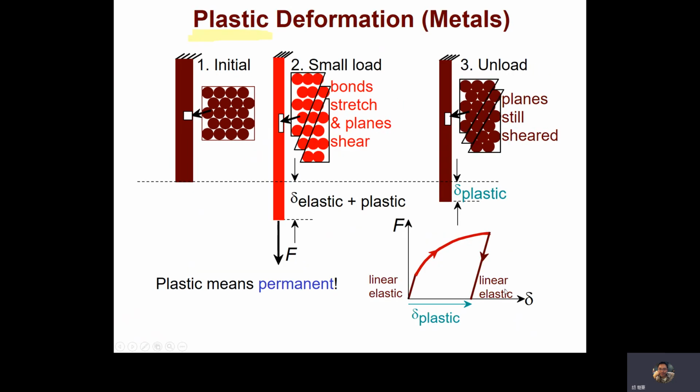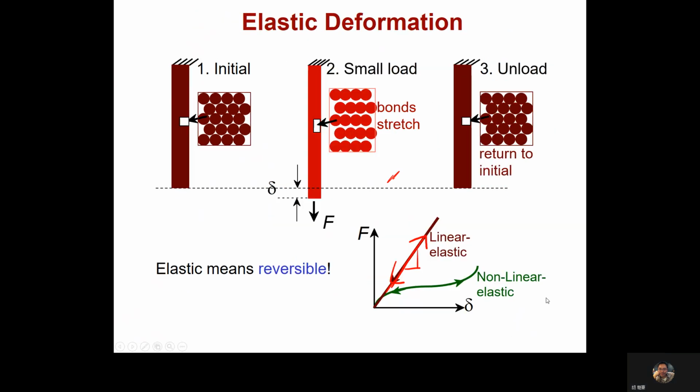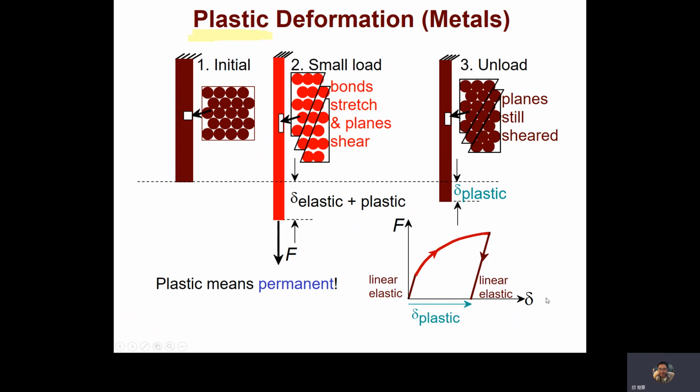Okay, so what is plastic deformation? Again, we clamp a metal rod, fixed at one end, and we apply a force that is large enough to trigger the slip process.